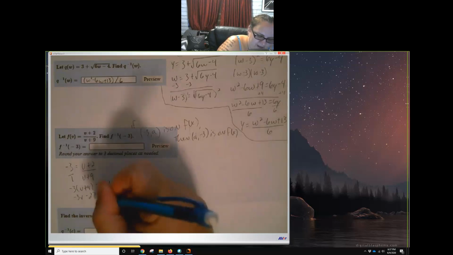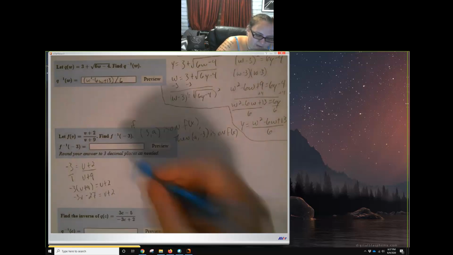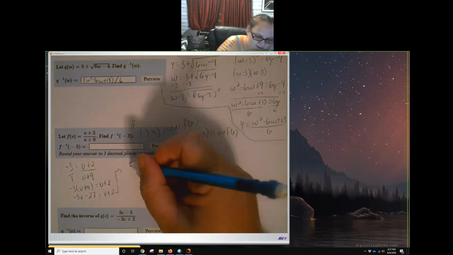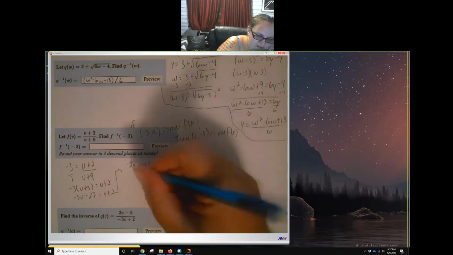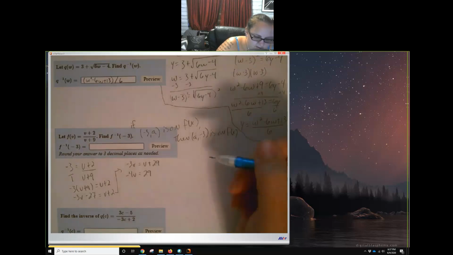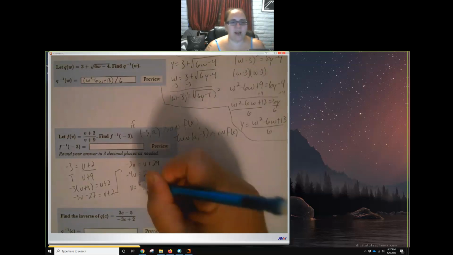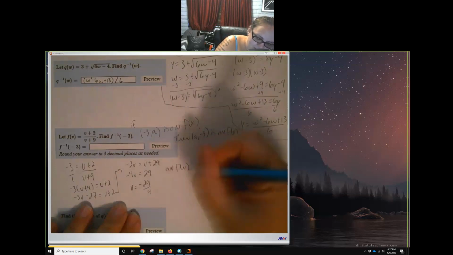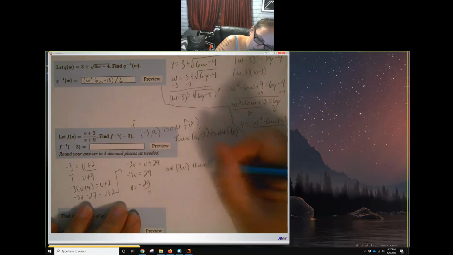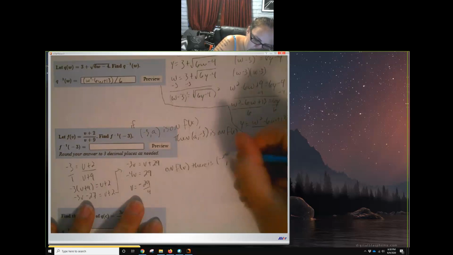-3v minus 27. I'm going to add the 27. Subtract the v. Divide by the -4. So here's what I know. I know that on f of v, we have the point, nope, I did that backwards. There is the point -29 over 4, -3.